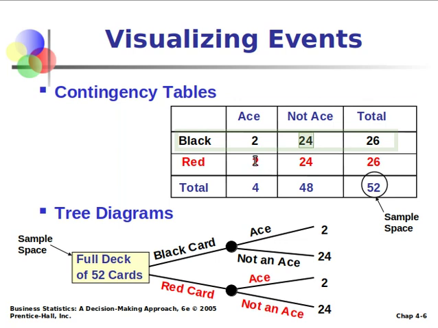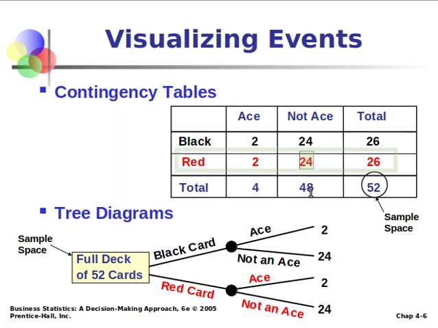Similarly, for the 26 red cards, there are 2 red aces, and the other 24 red cards are not aces.